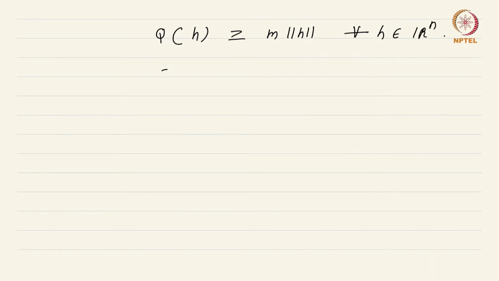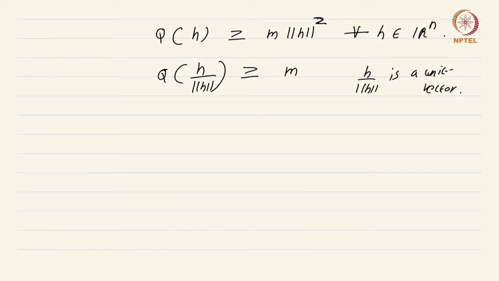Why is this the case? Because if you know that Q of h by norm h is greater than or equal to m, simply because h by norm h is a unit vector.